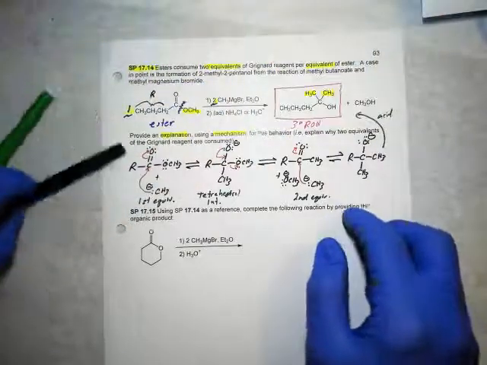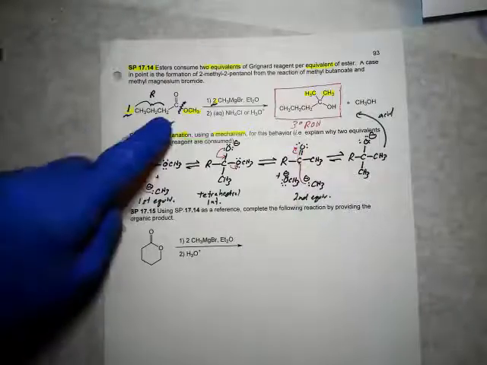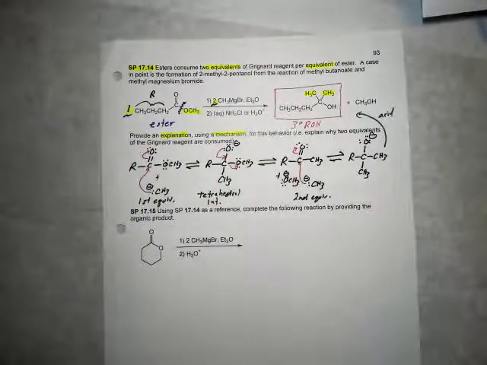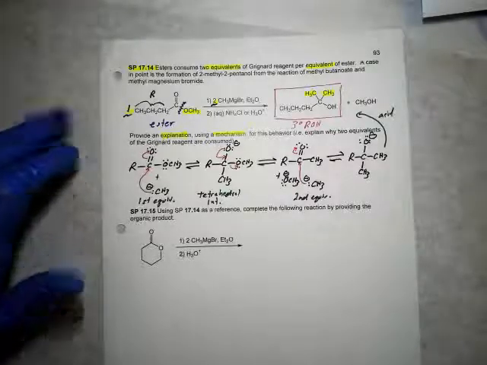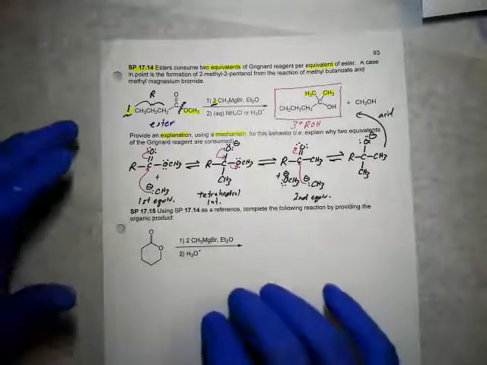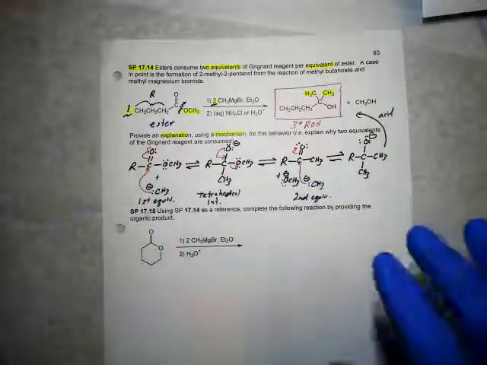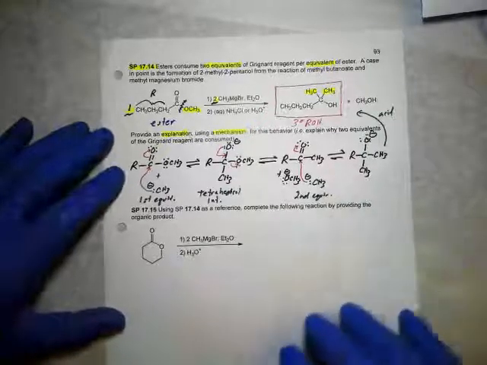So there you have it. That's an explanation for how it is that an ester consumes 2 moles or 2 equivalents of a Grignard reagent. I understand that's pretty complicated, but if you follow the logic here and see the overall results, it turns out to be not so complicated after all.